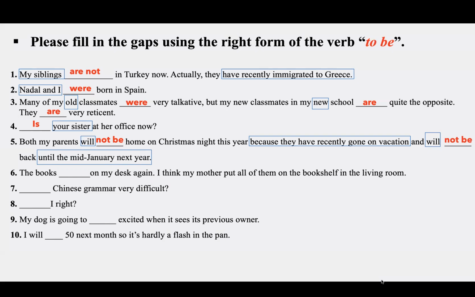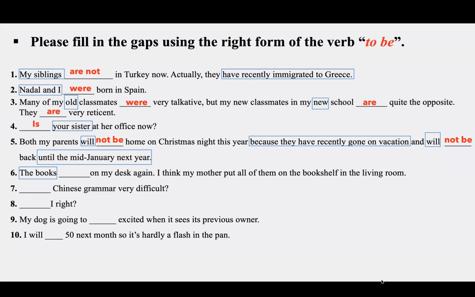Moving on, number 6, the books on my desk again. So again is an important word here, like there's kind of a complaint here. Let's check the next sentence. I think my mother put all of them on the bookshelf in the living room. So this means the books, plural, they. So the subject pronoun is they.